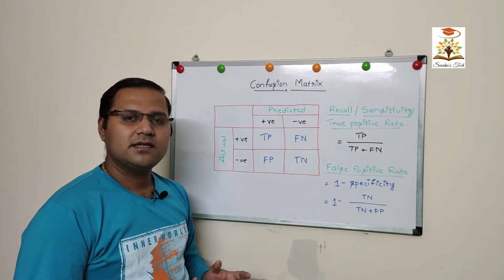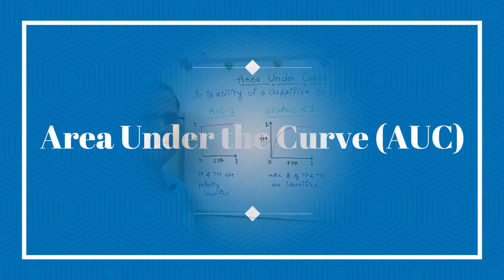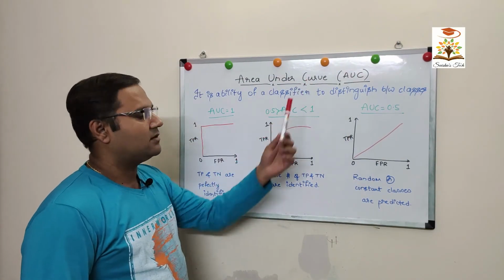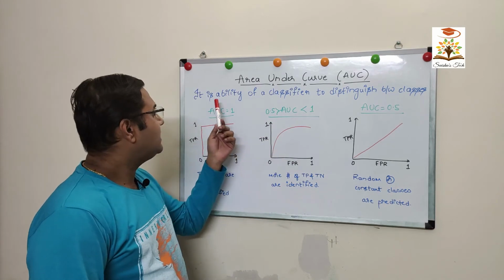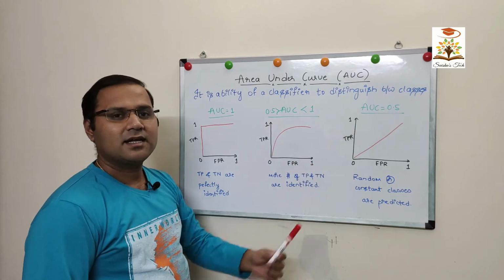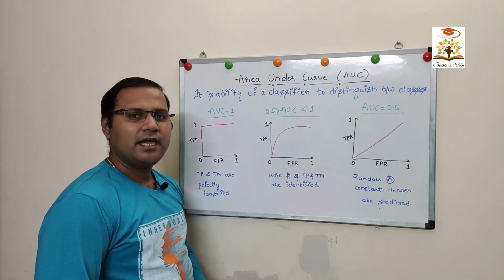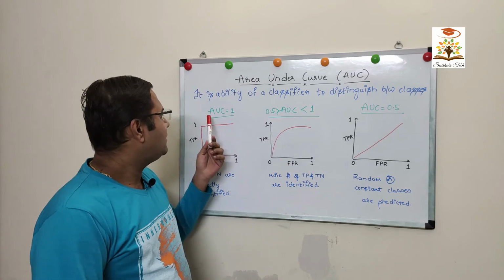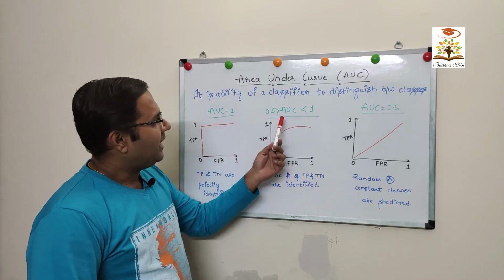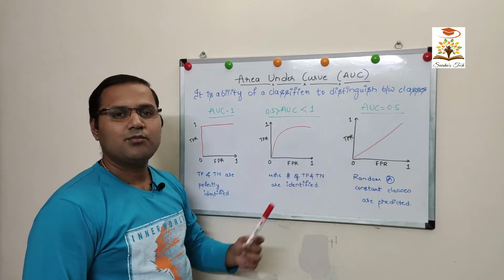Now let us understand the area under the curve of an ROC. Area under the curve is the ability of the classifier to distinguish between classes. There are three scenarios of AUC: AUC is equal to 1, AUC is between 0.5 to 1, and AUC is 0.5.